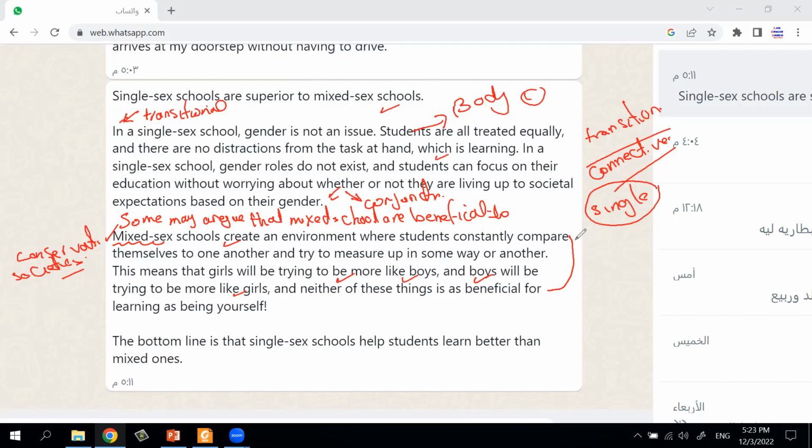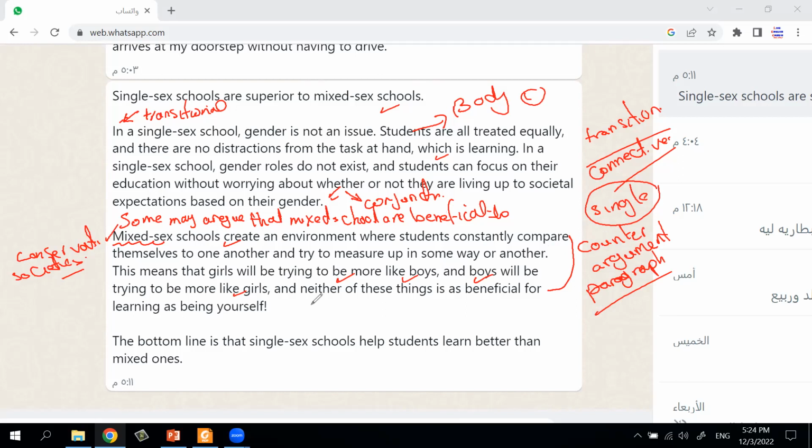Okay. So this, Ahmed, is named a counter argument. Yes, counter argument paragraph. And the counter argument paragraph should follow this structure.